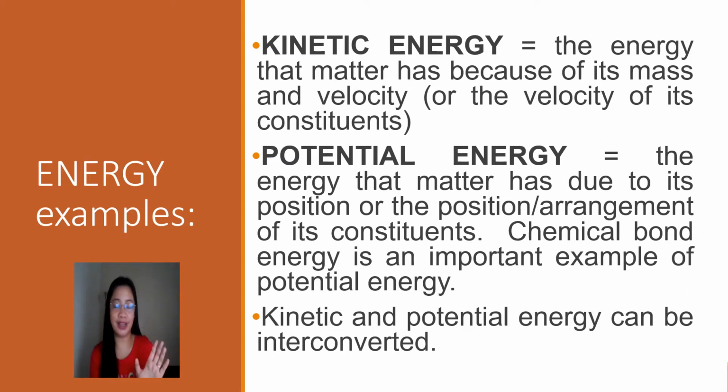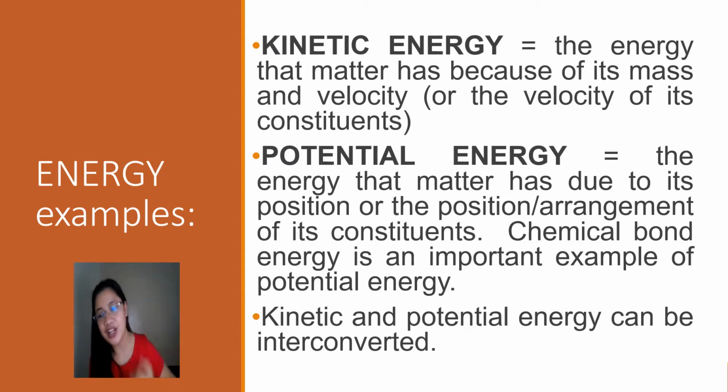These are the terms kinetic energy and potential energy. Now, what is kinetic energy? The other term for kinetic energy is energy in motion. It's the energy that matter has because of its mass and velocity.